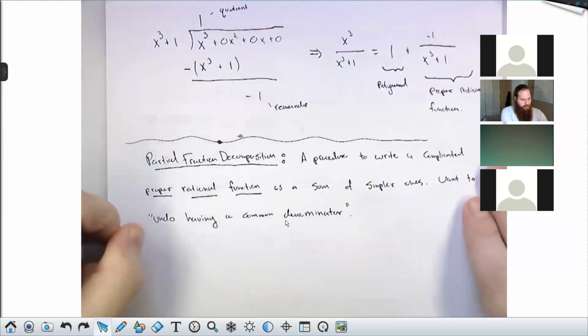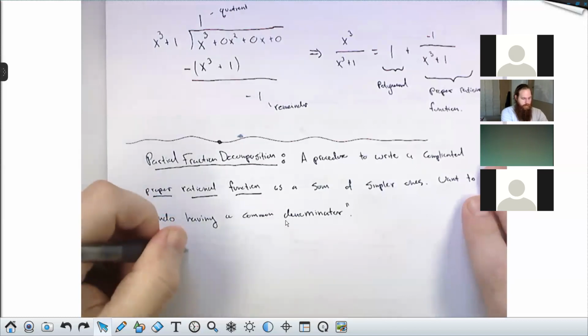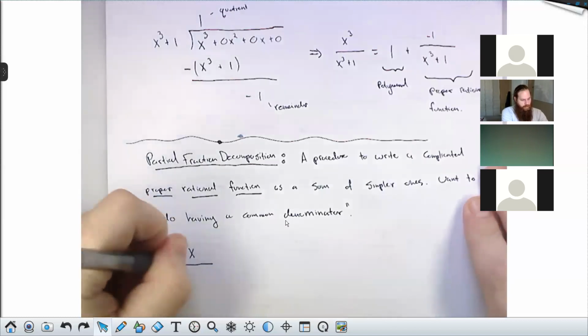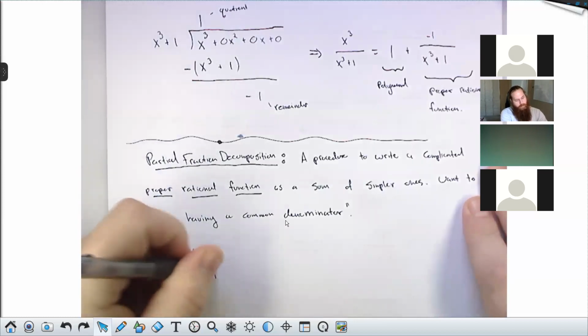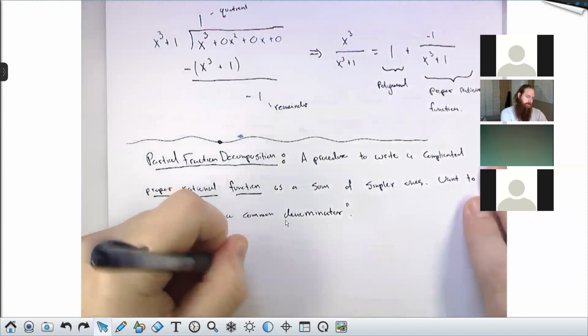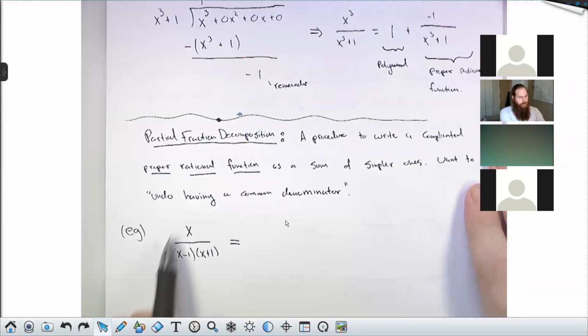It's easiest to start visualizing this by looking at examples. And let's look at the example that we had at the start. x over x minus 1 times x plus 1. How could I get something like this?